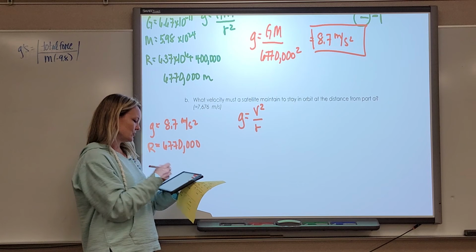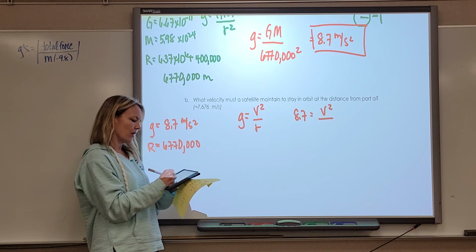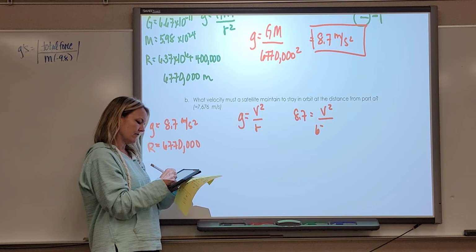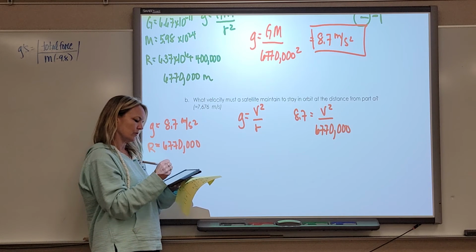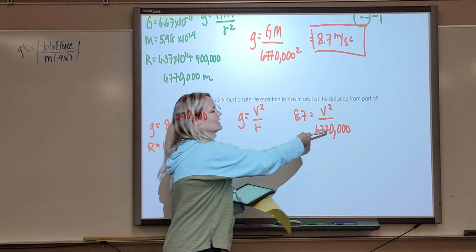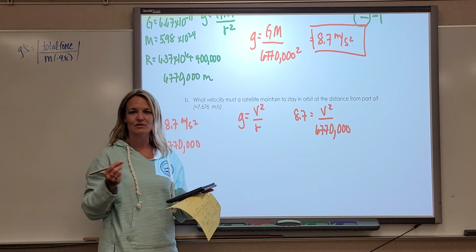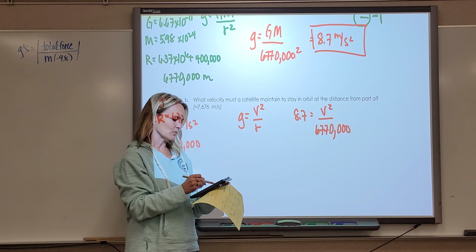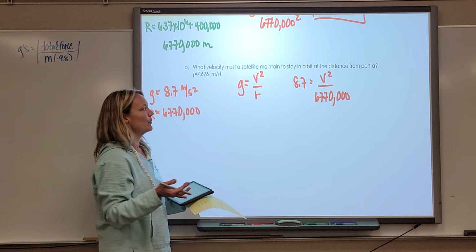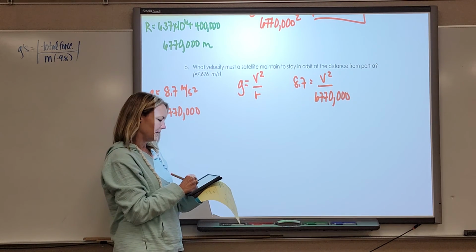All right, so g, 8.7 equals v squared over our r, 6,770,000. From this, reminder, this multiplies over, but then that's not v, it's v squared, so you will have to square root as well. So if I take 8.7 and multiply it by my radius here, I get a really big number, 588,999,000.